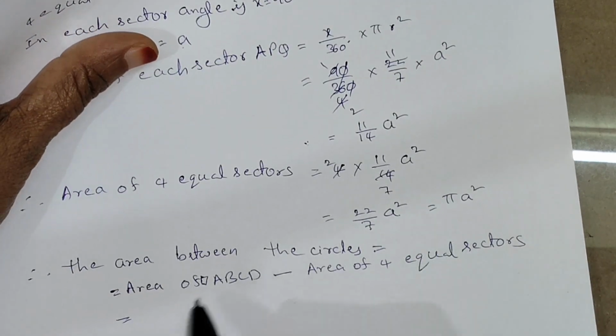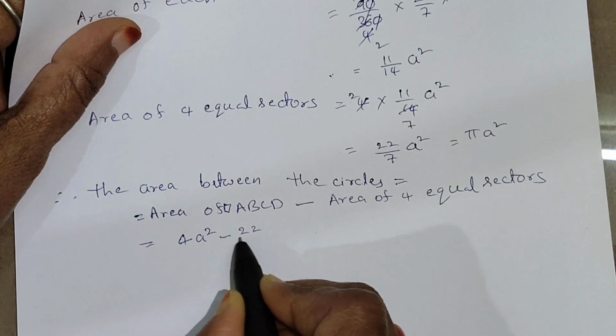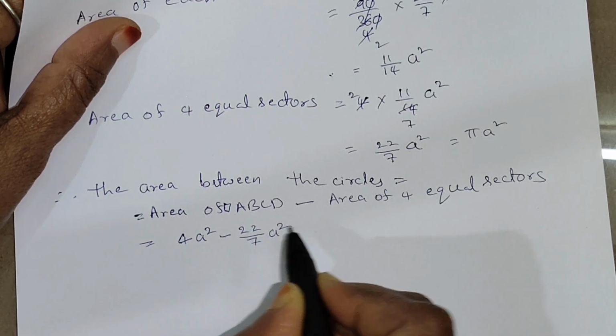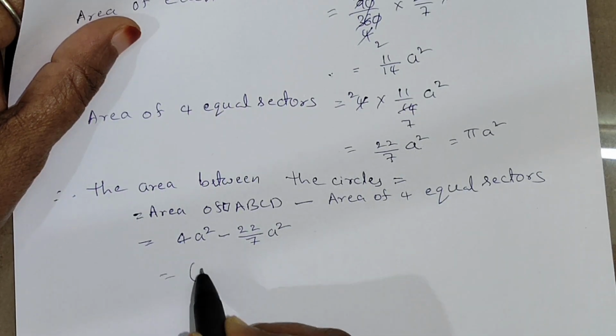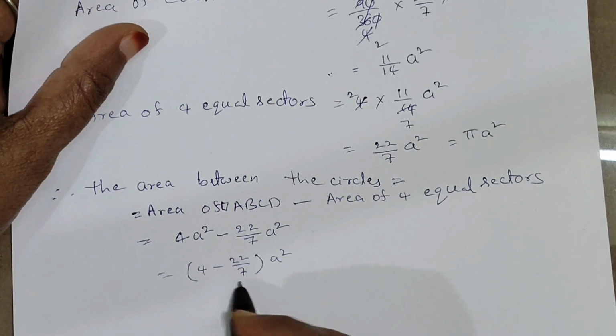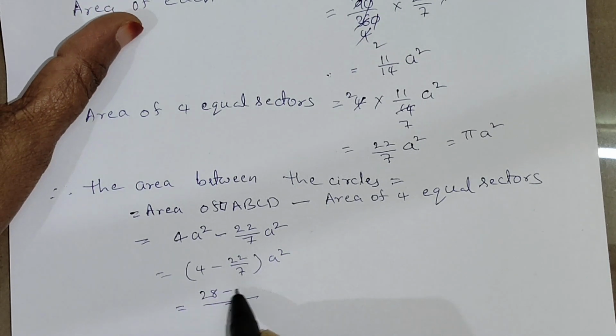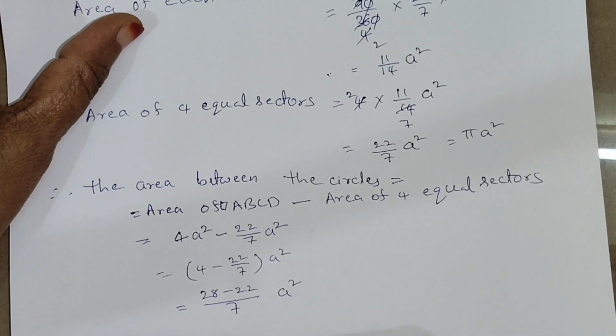Now we write these two. The area of ABCD is 4a square, and the area of 4 equal sectors is 22 by 7 a square. So 4a square minus 22 by 7 a square. We take a square common: 4 minus 22 by 7. 7 4s are 28 minus 22, so that equals 6 a square by 7.